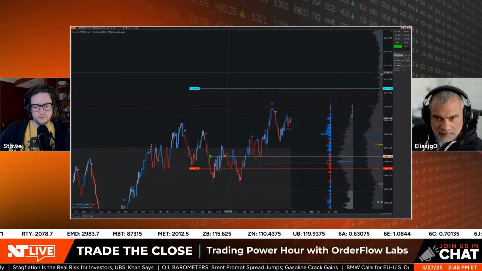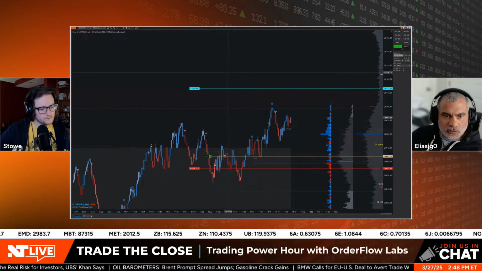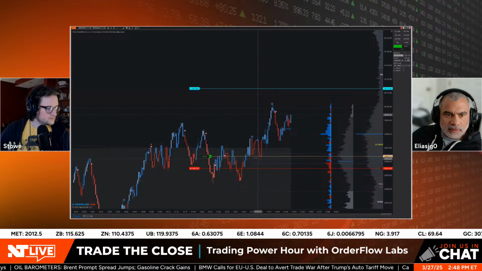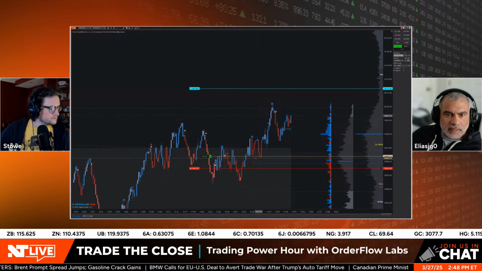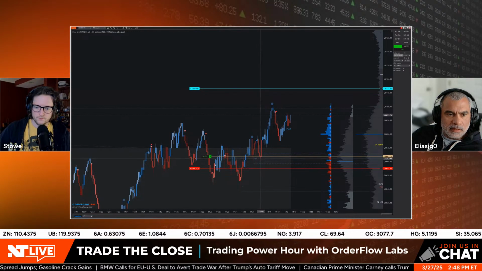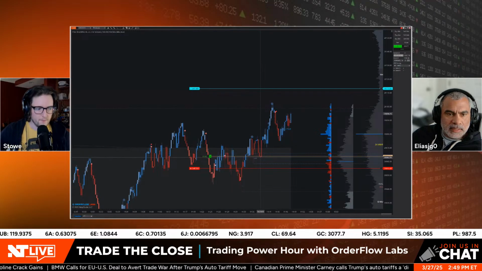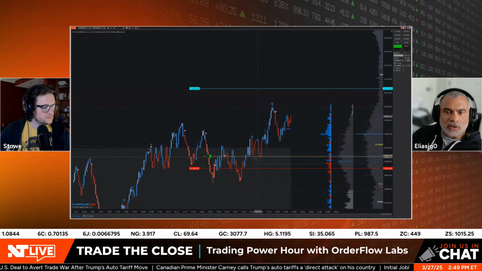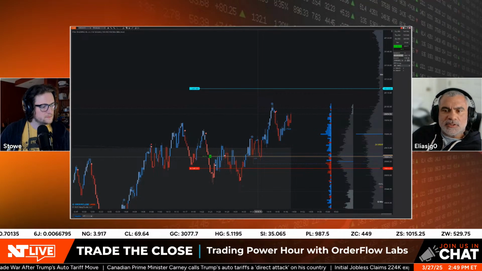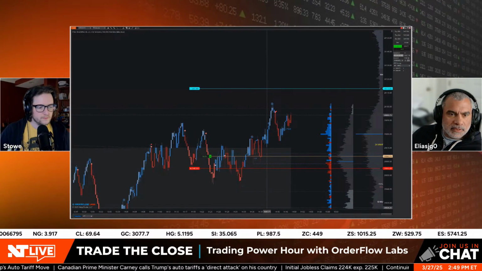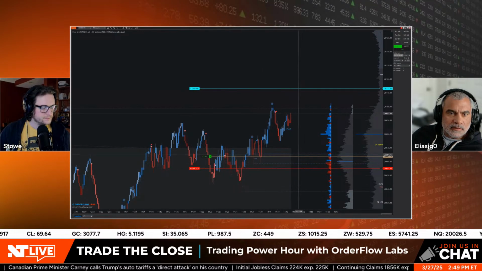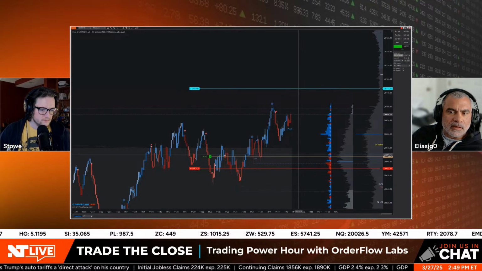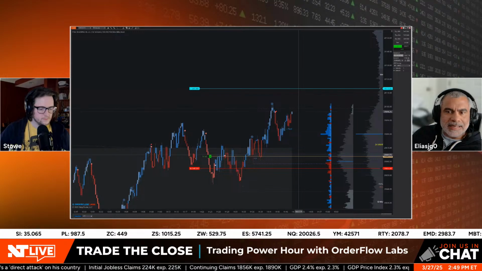Now what I like about these tools is, when I have a print like this, there's 310 sellers that kind of got stuck right there. So when I have a print like that, it gives me more confidence, maybe not for adding or for longer targets, but that my position is kind of safe. Because if we come back down here, a lot of the times those people will want to get out, and my position's kind of protected.